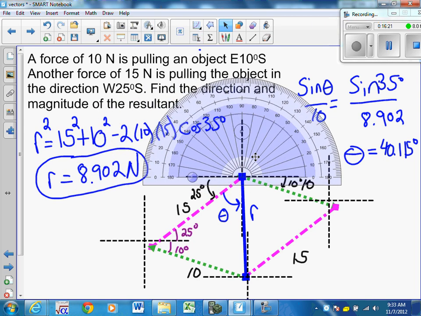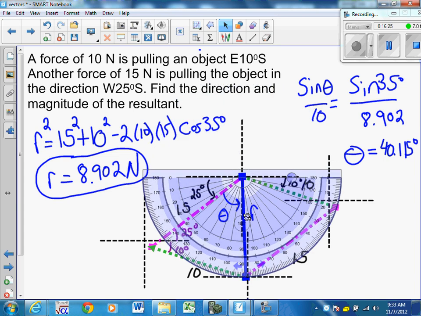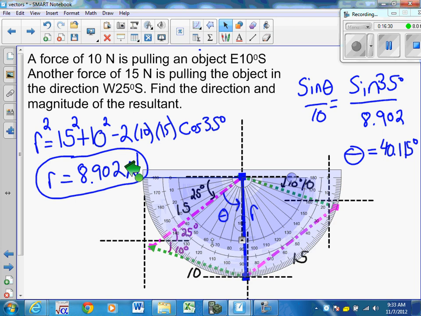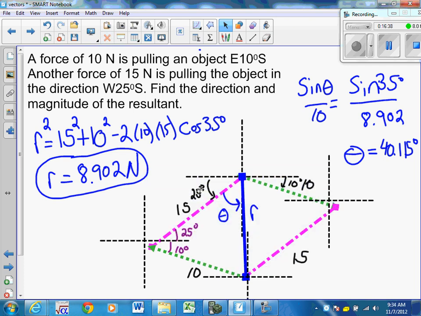If I actually measured my angle of 25, you can see I'm actually closer to 40 than I am to 25. So my angle's off. This angle right here is too big. So what that does is it messes this up. So it's hard to tell where I'm at.